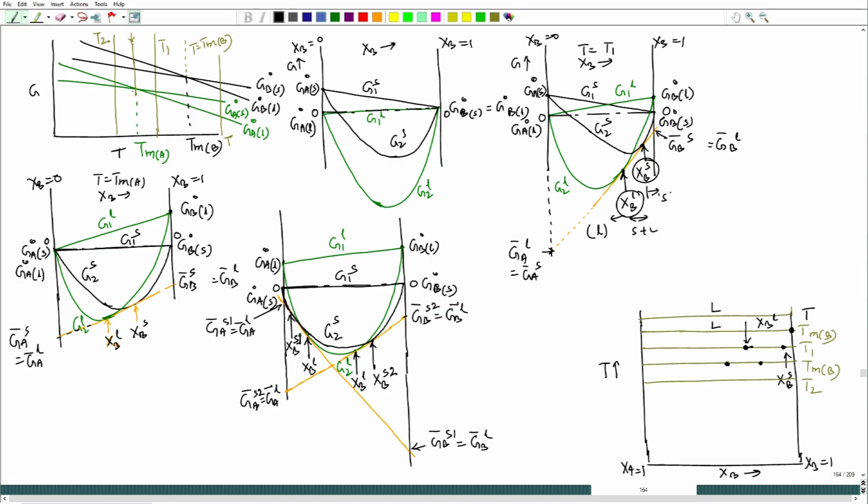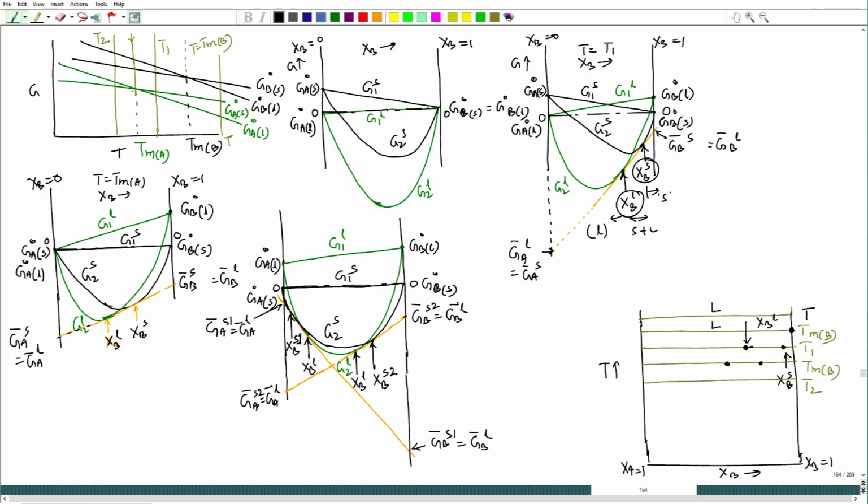And the liquid also, since liquid has a huge possibility of mixing together and has no crystal structure, we can indicate both liquid compositions on the phase diagram, but they can be taken as part of the same liquid. So we are not putting any 1 or 2, but the left side liquid composition is in equilibrium with S1 solid, and the right side liquid composition is in equilibrium with the composition of S2.